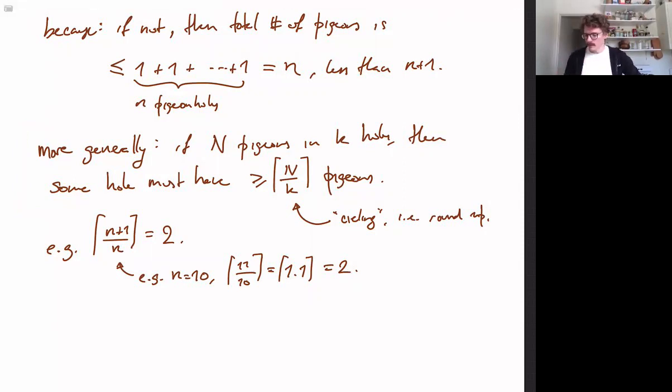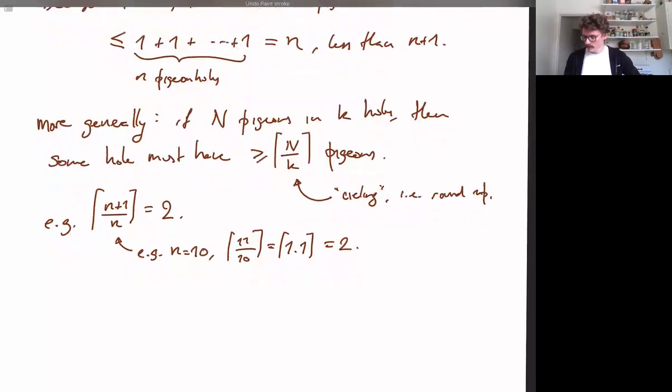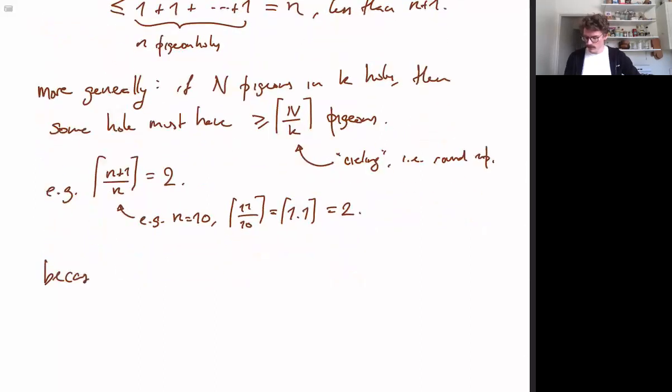But what is the similar justification? Because if we have N pigeons in k holes, we have to have at least this many pigeons in some pigeonhole. Because if not, so if we have strictly less than this many pigeons, let's count how many pigeons we have total.